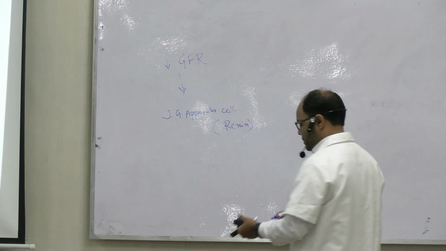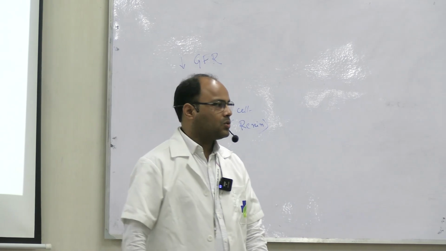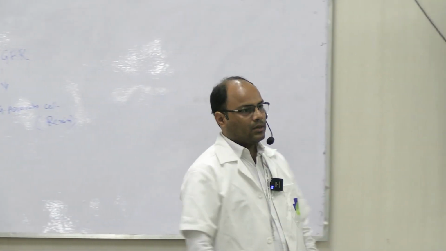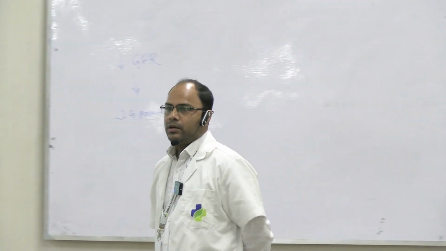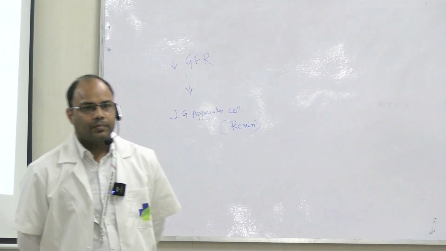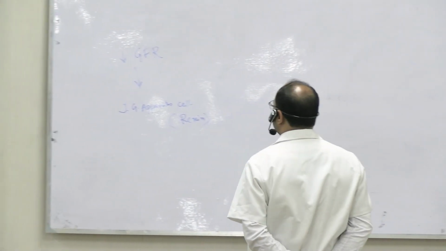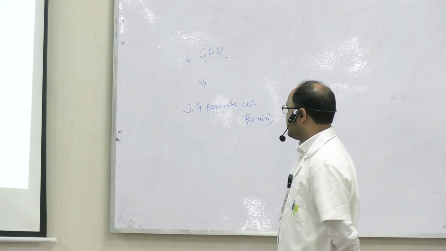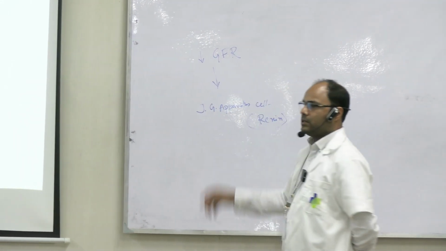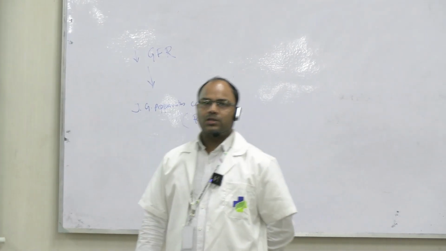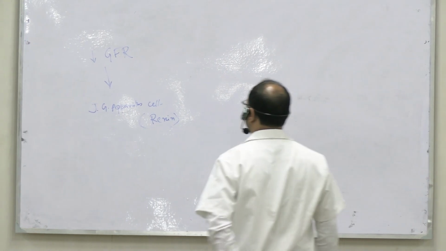Okay. So there is decreased GFR, anyway, in the form of blood loss or volume loss, like diarrhea, vomiting, excess sweating, or blood loss by hemorrhage. What happens? There is less GFR and it activates the juxtaglomerular apparatus cells present in the glomerulus in the nephron, and they contain the enzyme called renin.